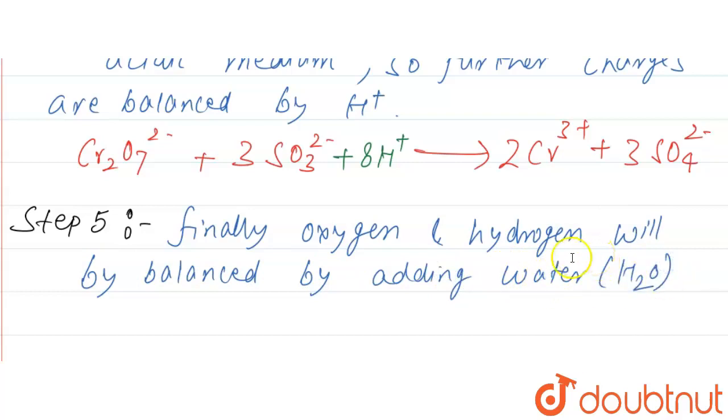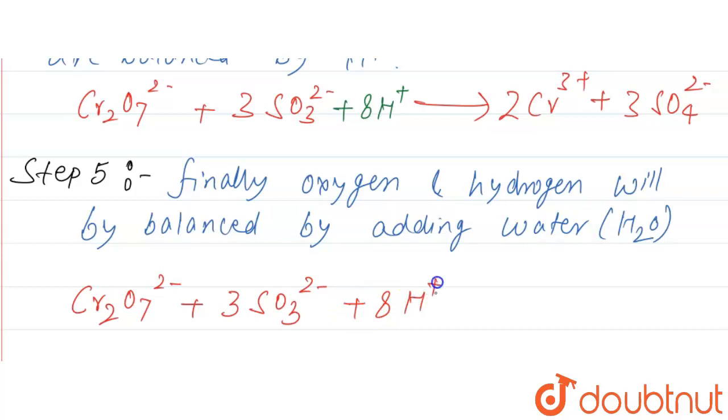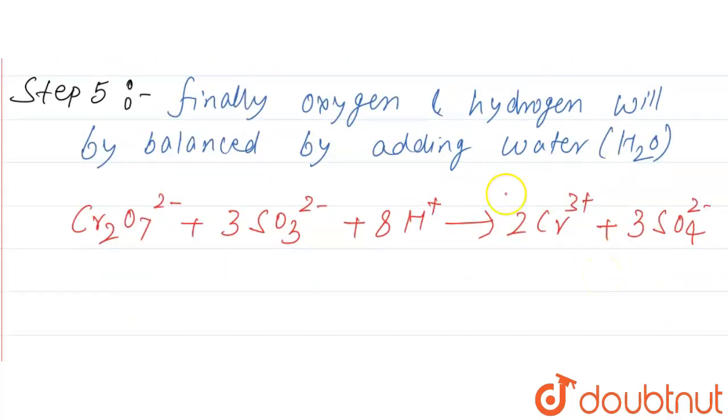So we have to add that water. So the final reaction will be like this: Cr2O7 2 minus plus 3SO3 2 minus plus 8H plus, it gives 2Cr3 plus, 3SO4 2 minus plus we have to add 4 water molecules, 4H2O.